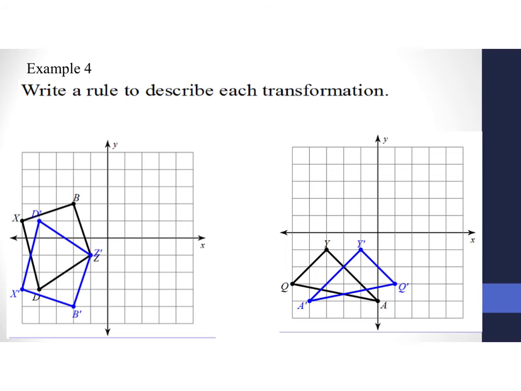Now, for example 4, I think these are probably the most difficult things to do. We have to write a rule or tell what this box has been reflected over.